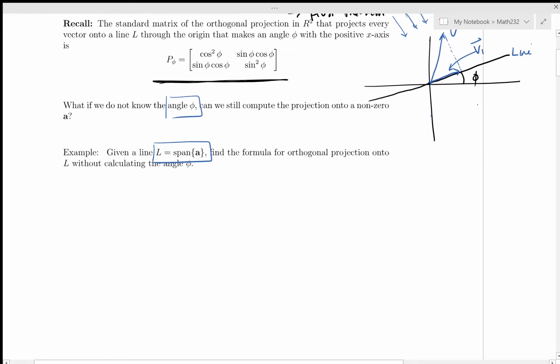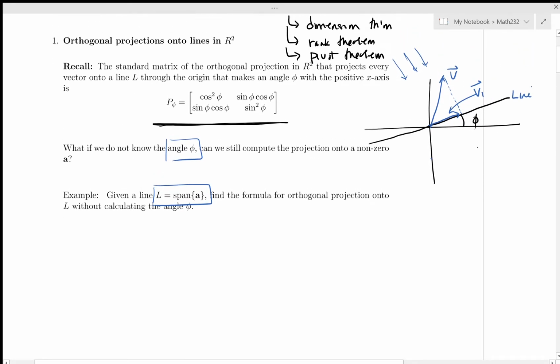So this line is the span of a given vector A. It's a one-dimensional entity. We have a vector V, and we want to find the projection of V onto the span of A.